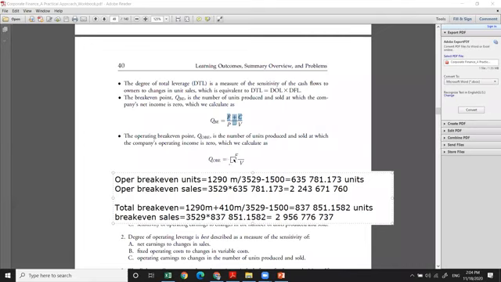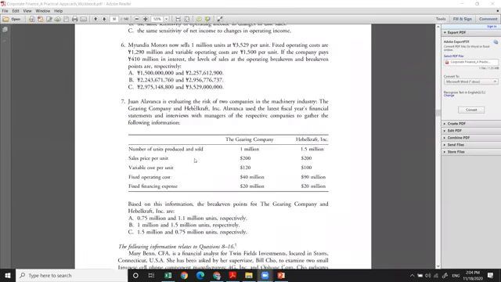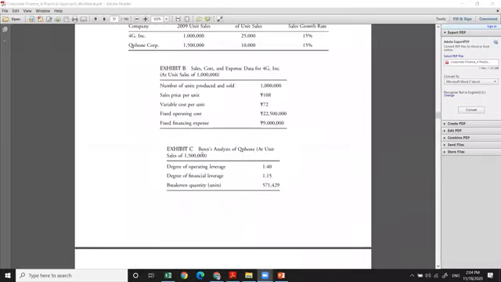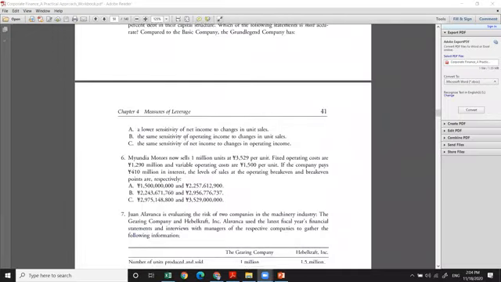And operating break-even point is fixed cost divided by price minus variable cost. And to find operating break-even sales is price per unit times break-even units. Okay. Question 6 is done.